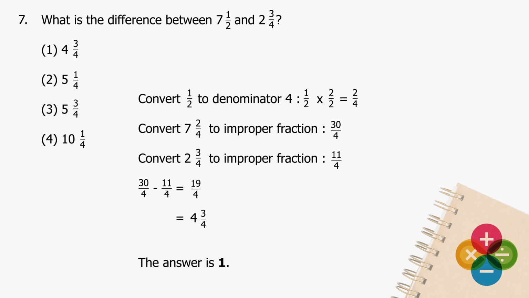Convert 7 2/4 to improper fraction will be 30/4. Convert 2 3/4 to improper fraction will be 11/4. Subtract 11/4 from 30/4, and the difference is 19/4. Convert 19/4 to mixed number will be 4 3/4. The answer is 1.